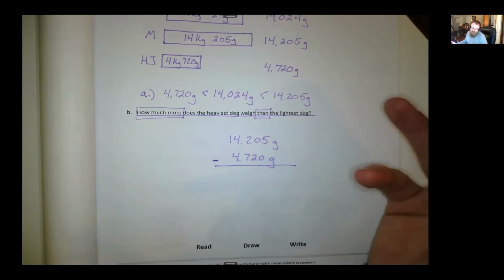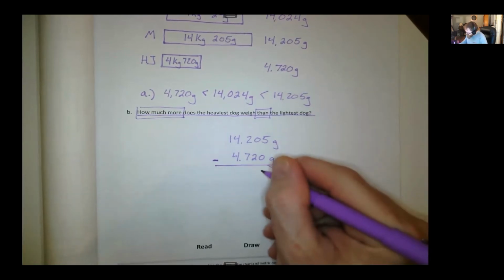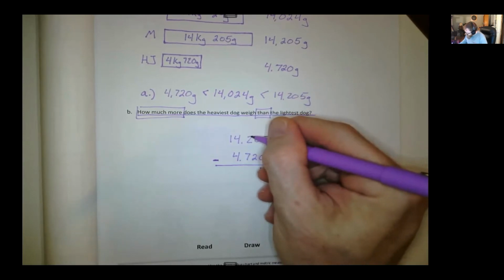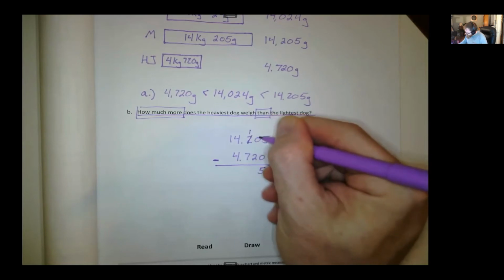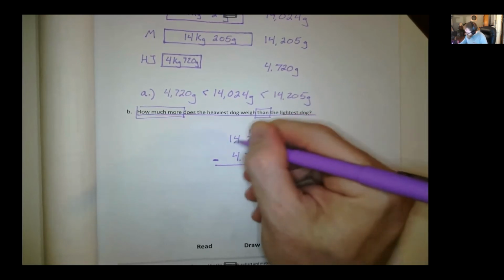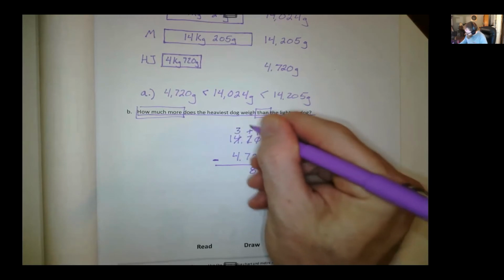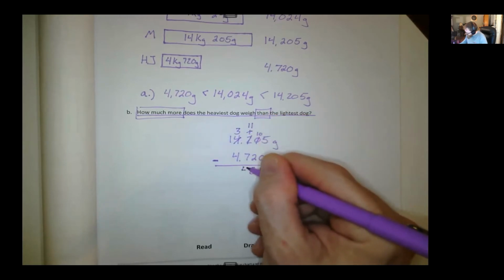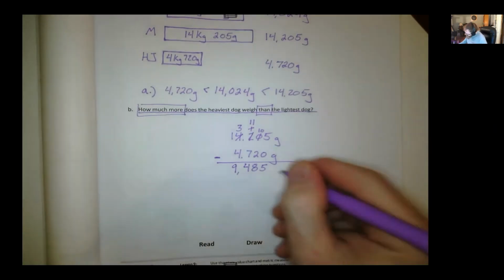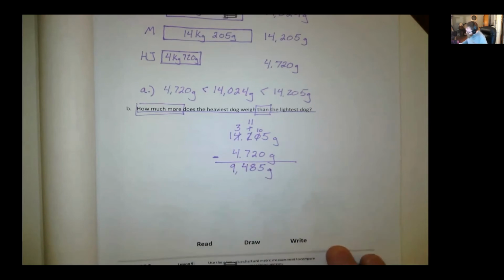Starting, of course, in the ones place. 5 minus 0 is 5. Let's do a little borrowing here. 9,485 grams is the difference.